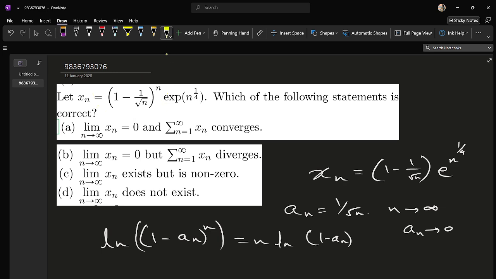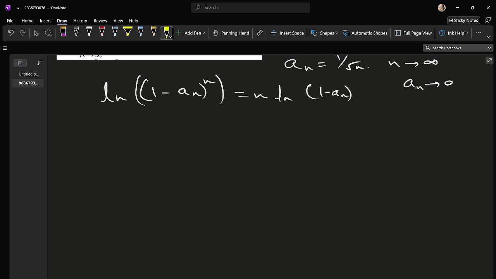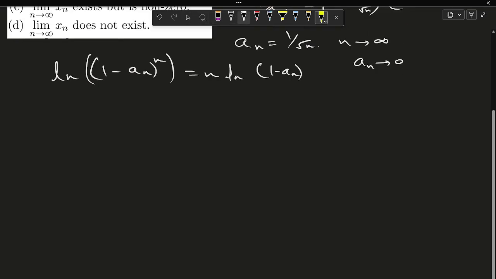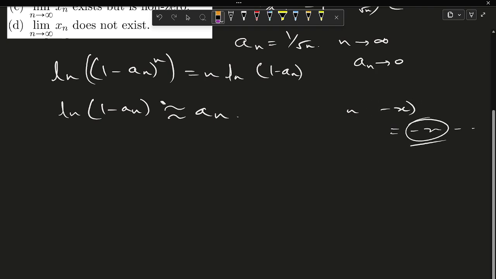Now for small an, we approximate ln(1 minus an) by minus an, from the Taylor expansion of ln(1 minus x), taking only the first term.